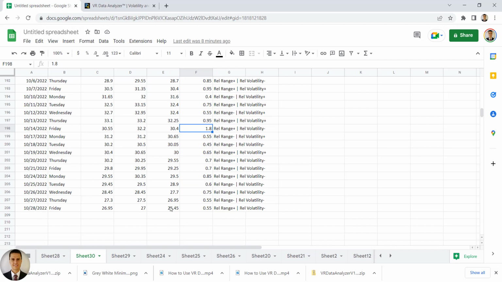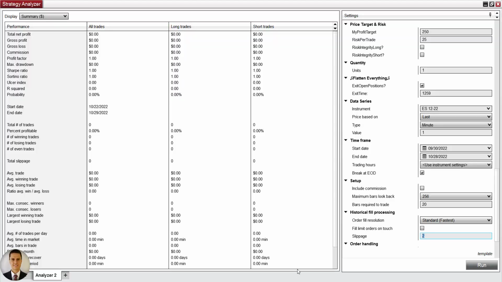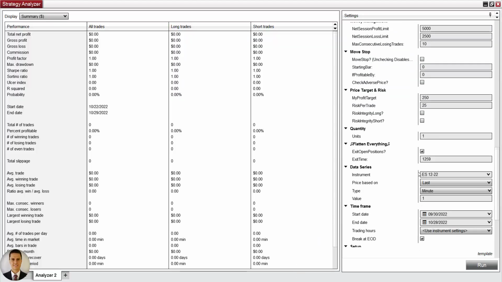And then you see on Friday, it's 0.55, and then on the 21st here was 0.7, and so on and so forth. So they are different. The ranges are different. Are those ranges going to make a difference in our trading hypothetical results here, all things being equal? Let's see. Nice test, right? Let's go and see what the results are going to be.